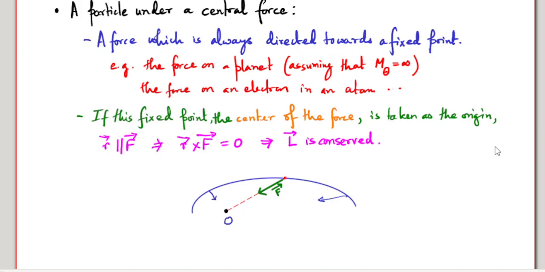Now, this is a rather special kind of force we talk about. But the reason why this is so important is that there are many very good examples of this. For example, when a planet moves around the sun, the force on the planet is always directed towards the sun. Now, in a planet-sun system, both the planet and the sun attract each other, and as a result of the joint attraction, both the planet and the sun move with respect to an inertial observer.